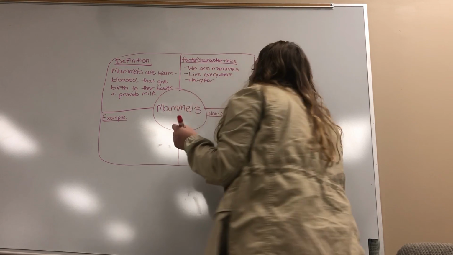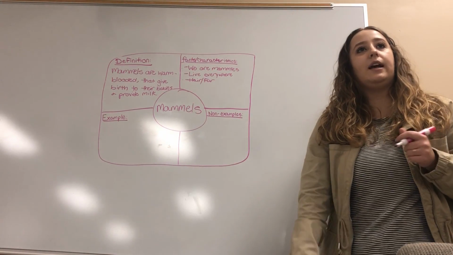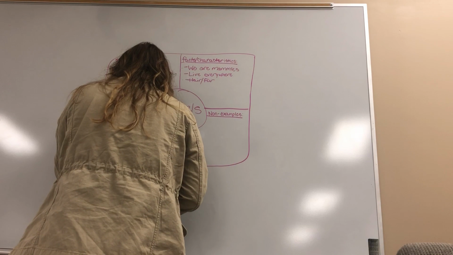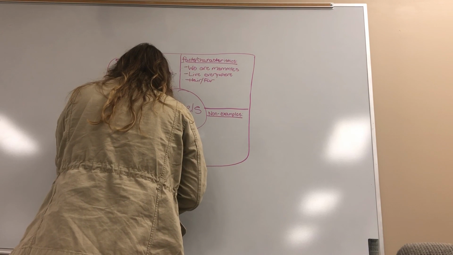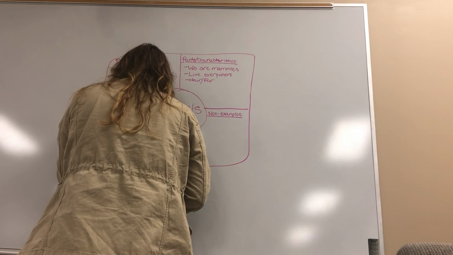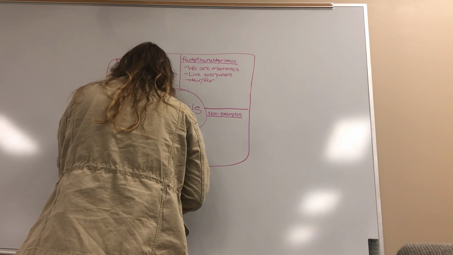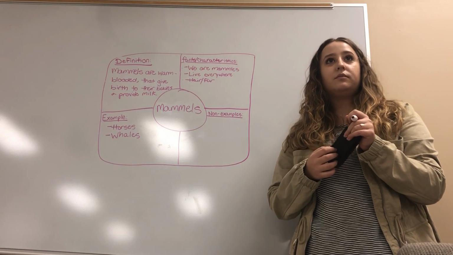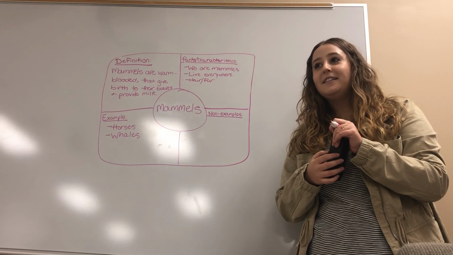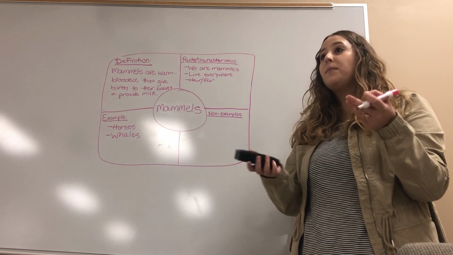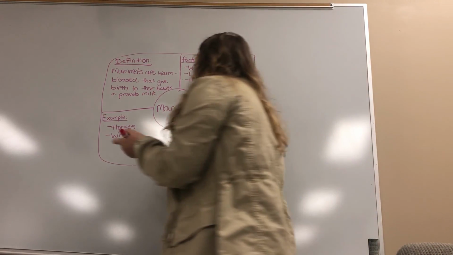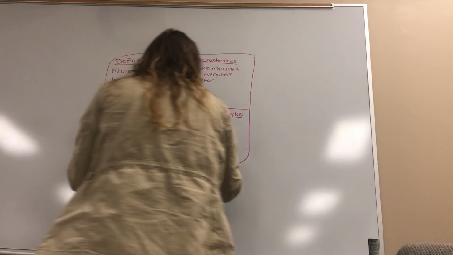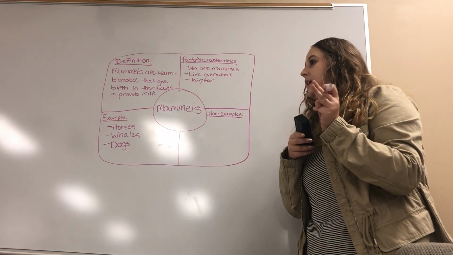Good job, class. Okay, what are some examples we can have? Okay, so horses. Whales, that's a good one too. I heard somebody say whales. What's one more example we can write on here? Anybody have any ideas? Oh, yeah, remember we wrote dog on non-examples, but it is our example this time, so dogs. Good job.